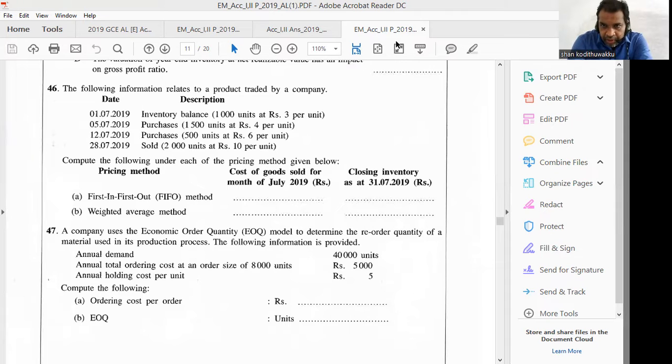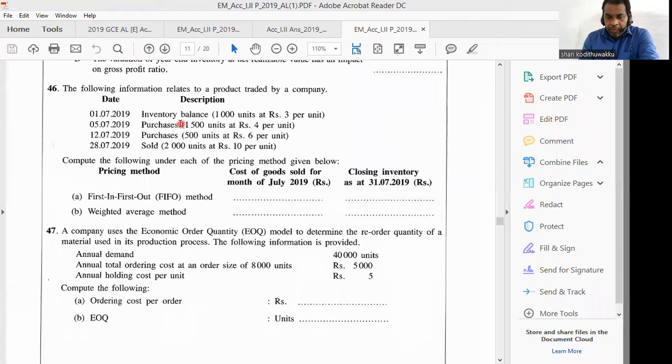That means related only to the 28 July 2019 transaction. Sold 28 July 2019, 2,000 units at 10 per unit. We have to find the cost of goods sold only related to this transaction. If you take the FIFO method, you have to issue goods that you purchased earlier.